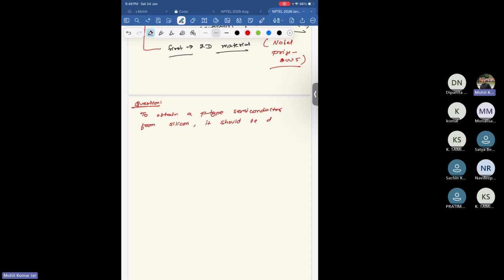It should be doped with an element having how many valence electrons?